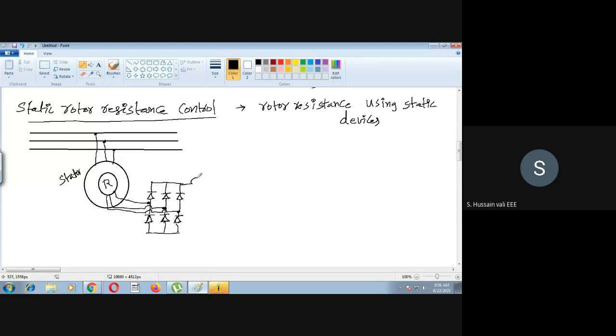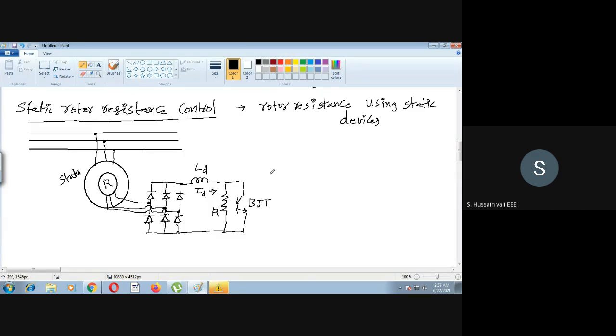Then after the rectifier you have an inductor. It is a large value, and its purpose is to maintain the current flowing through it constant. Then you have a resistor R, and across the resistor you have a switch. This is the switch, a BJT.